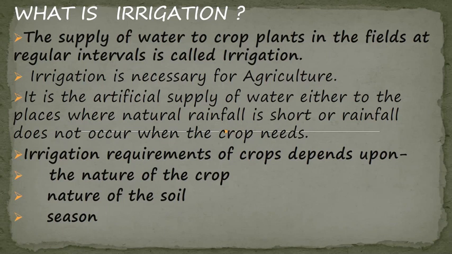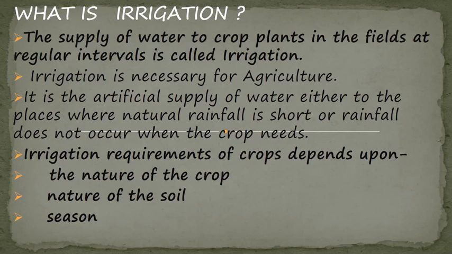The supply of water to crop plants in the fields at regular intervals is called irrigation. Irrigation is necessary for agriculture. It is the artificial supply of water either to the places where natural rainfall is short or rainfall does not occur when the crop needs.